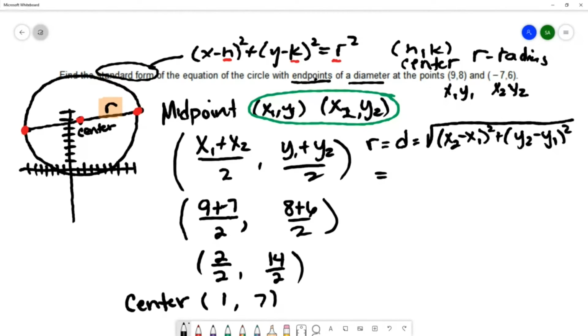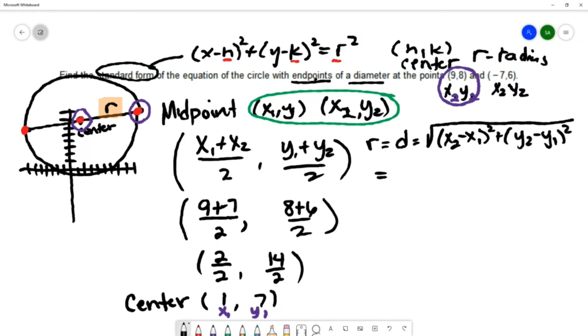So I'll use the center, and let's use this endpoint. So we're going to use the center as x1, y1, and then let's use this point as x2, y2.